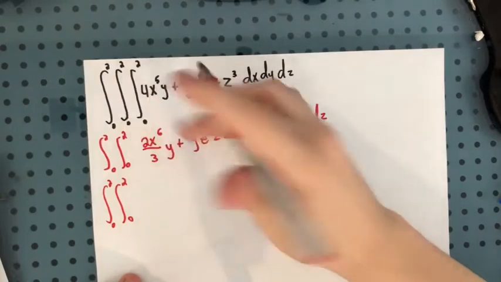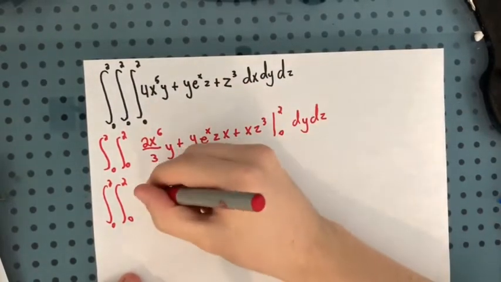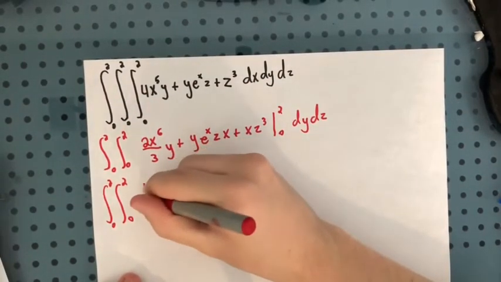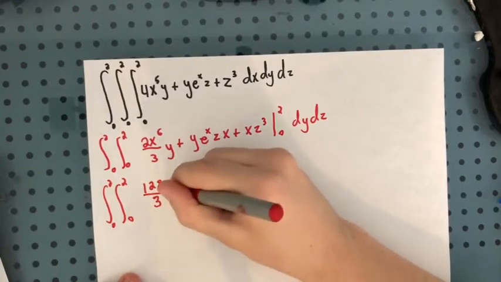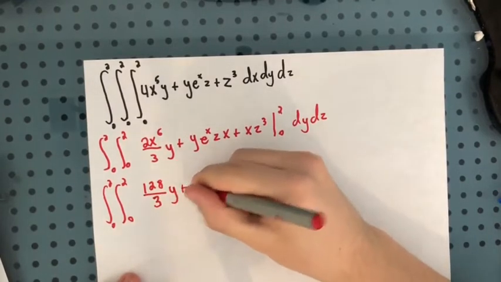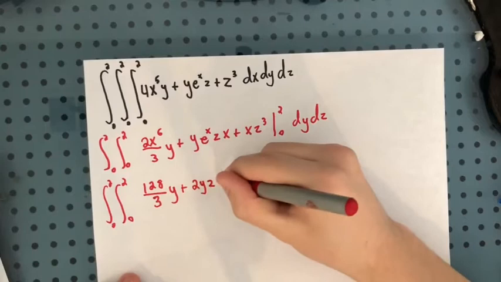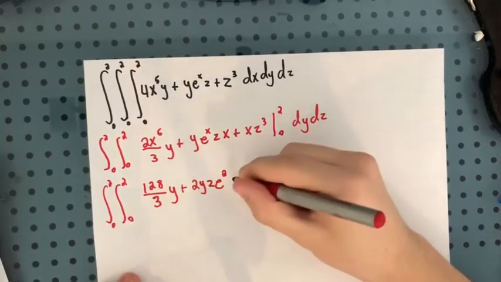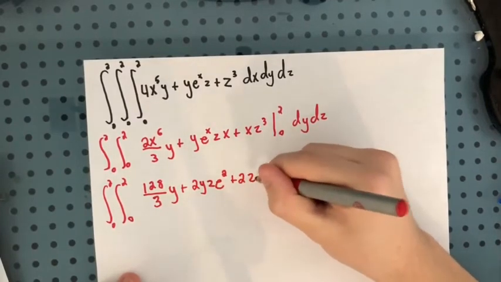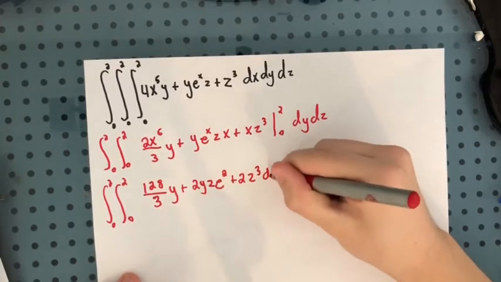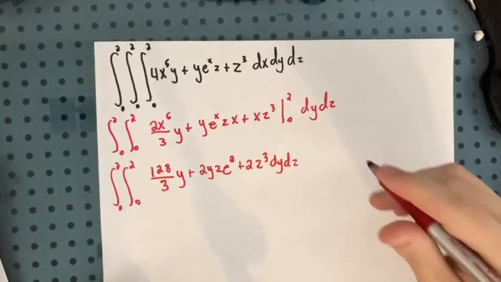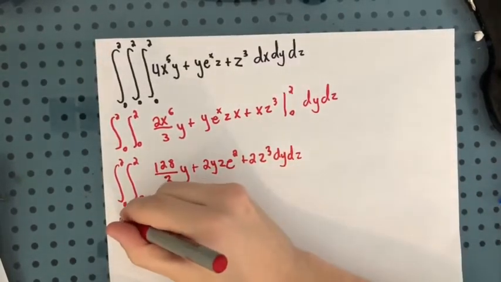So if we plug in 2 into each one of these, we get 128 over 3y plus 2yz e to the 2 plus 2z cubed dy dz. Now we integrate this with respect to y.